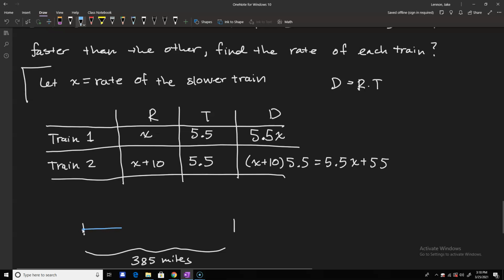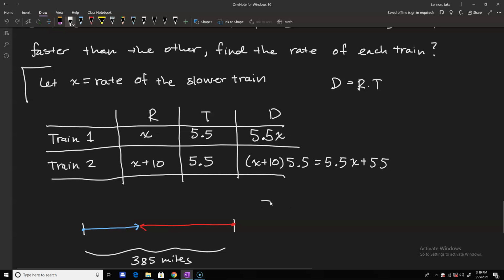It traveled this far. Right, and then train 2, it was the faster train. It traveled this far. But after 5.5 hours, they pass each other on parallel tracks. And so we know that the total distance is 385. And we know the distance each one traveled. So if we add distance from train 1 plus distance from train 2, we should get 385.